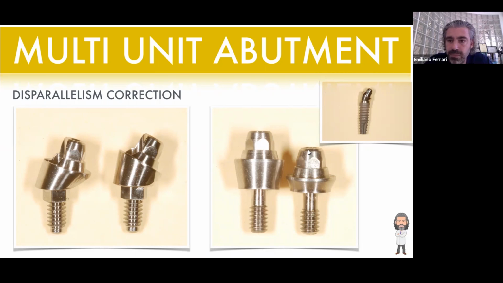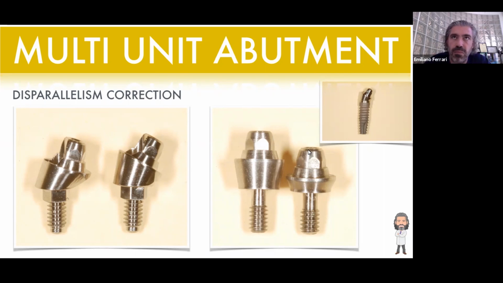Straight multi-unit abutments, the one on the right in the picture, are very easy to use because they are one-piece abutments directly screwed on the head of the implant. The angulated multi-unit abutments, the one on the left of the picture, are a little bit difficult to use because you have to choose the angulation.